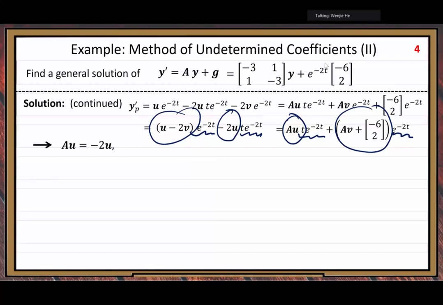So then we can write equations. The first equation, A U equals negative 2u, natural. U is an eigenvector of A. Look at the form: A matrix times U vector equals negative 2 times U. Is U an eigenvector of eigenvalue negative 2?